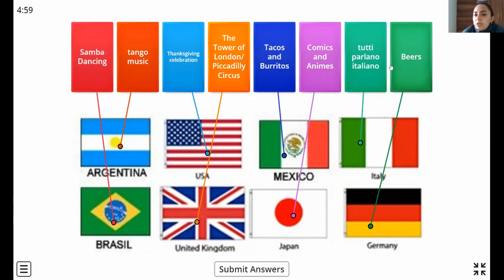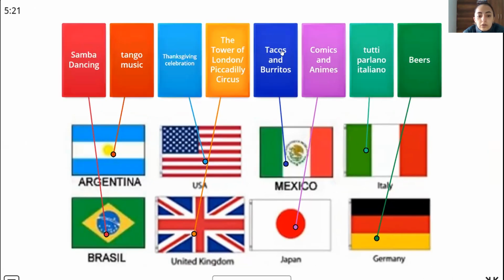And then we have beers, que también podemos encontrar dentro de lo cultural, bebidas icónicas o que representan a una cultura o a un grupo cultural. Thank you, guys. So this leads us to our main topic in this unit, that it's going to be cultures.